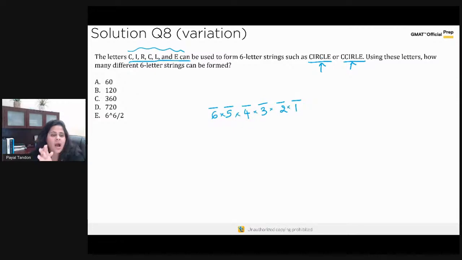Now again, how am I assuming that there is no repetition? That's something which you have to understand. Why am I assuming that repetition is not allowed? Tell me, what information is given to me in the question statement that allows me to draw this inference that repetition is not allowed?